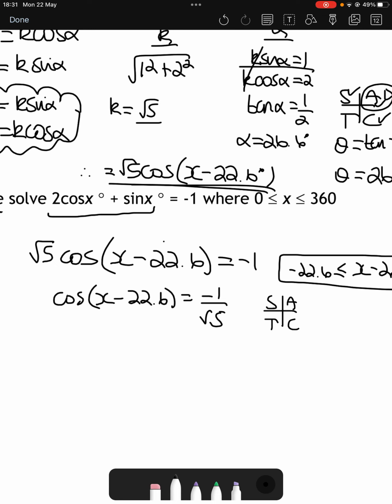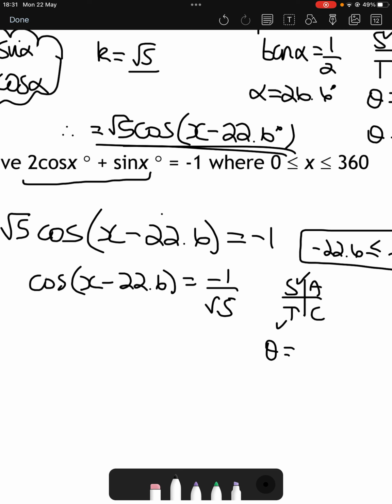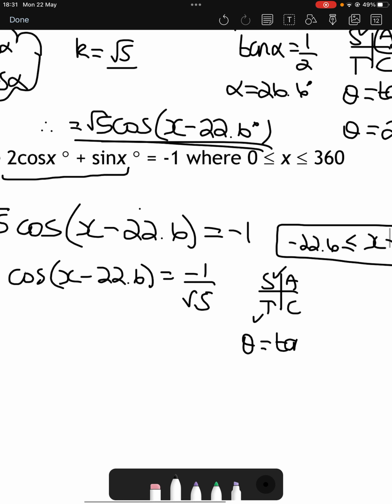So we have negative cos, so where's that? There and there. Let's get our theta. We are working in degrees. Don't know why I wrote tan, so used to writing tan. So cos to the minus 1 of 1 over root 5, which is 63.4.